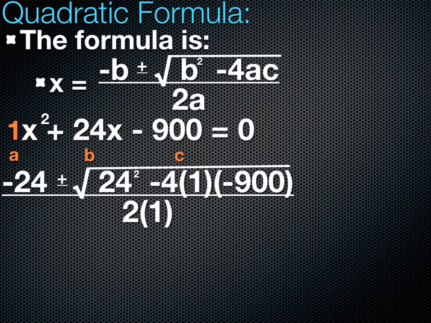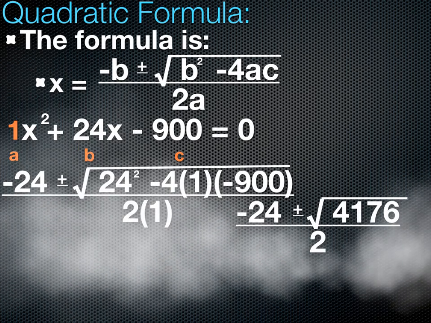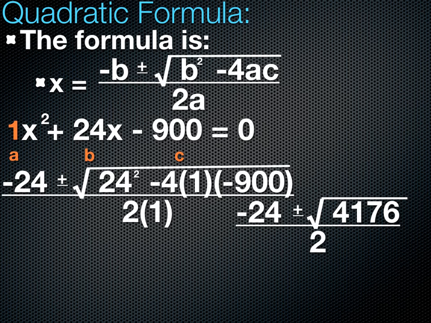Go ahead and do the operations inside of your square root sign. You wind up with negative 24 plus or minus the square root of 4,176 divided by 2. You can plug this into your calculator. One thing that you will plug in would be negative 24 plus the square root of 4,176 divided by 2.